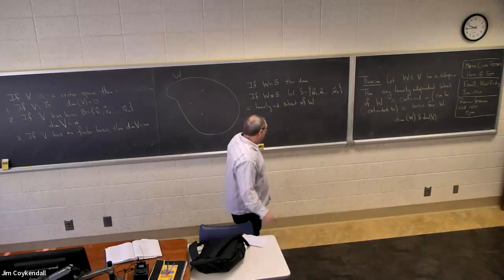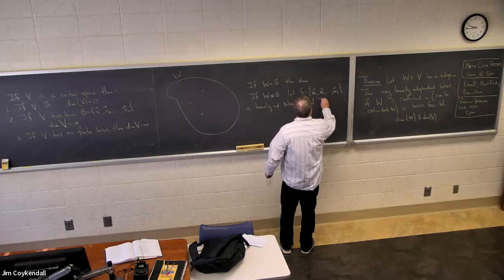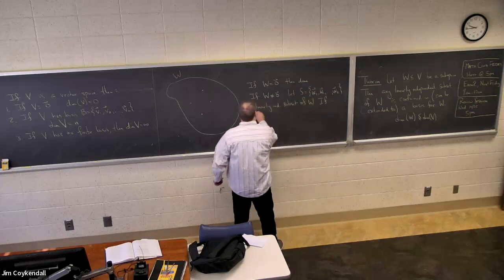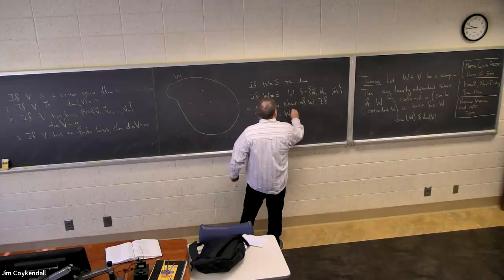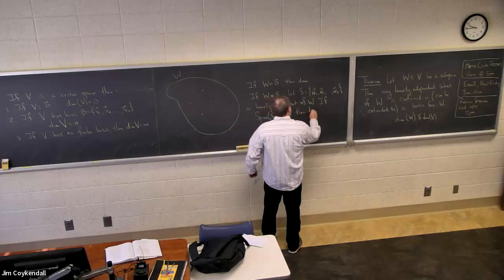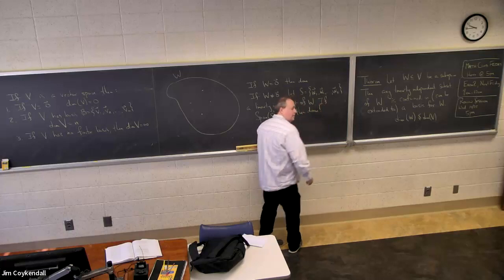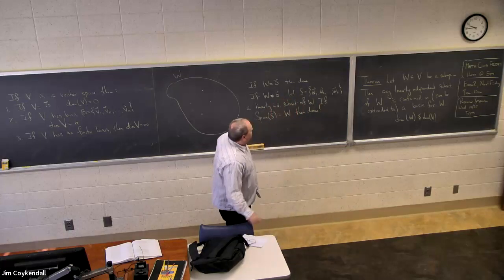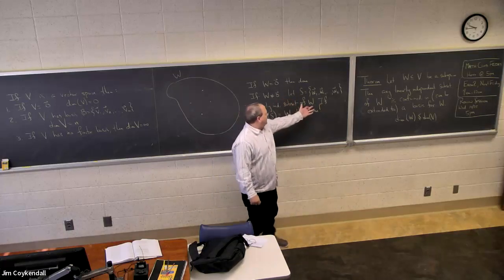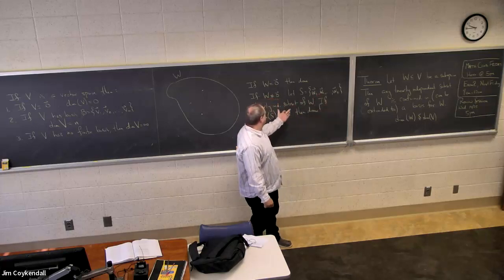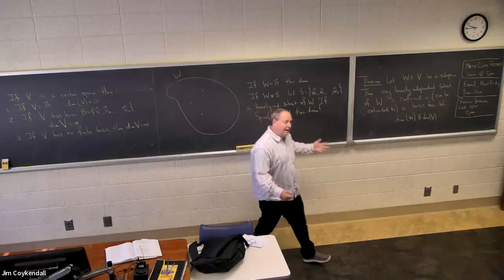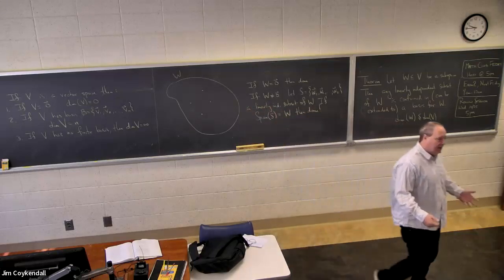So I was given this linearly independent subset here. If this linearly independent subset spans W, then I'm done because it's a basis.